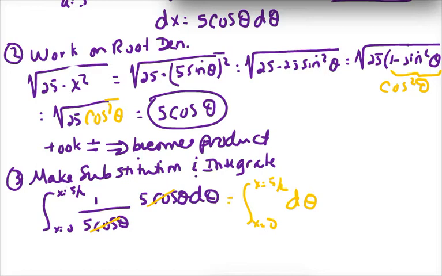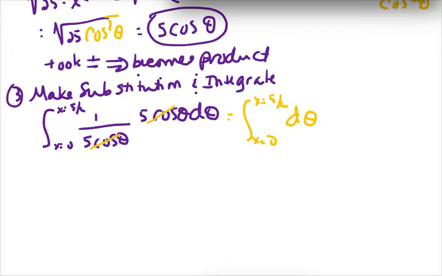That's an easy integral. I think everybody would agree it's just theta. But we need to realize that we've got these pieces in terms of x, so I'm going to work on those limits of integration for now.